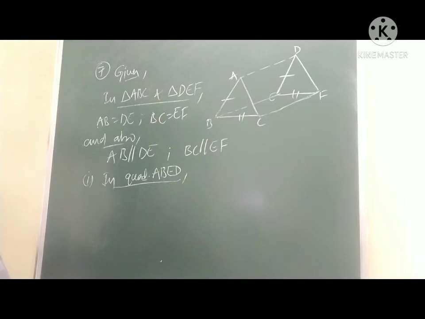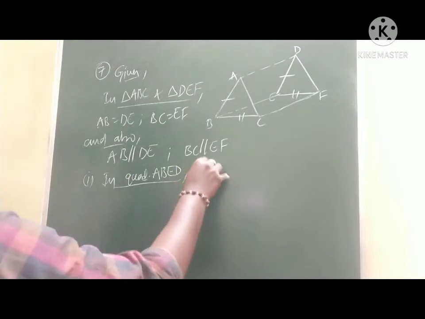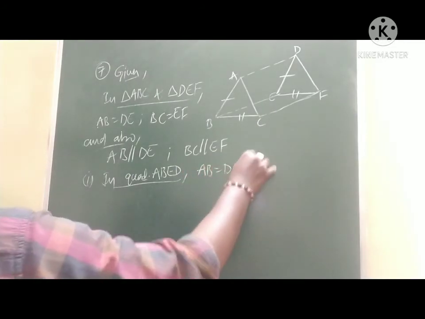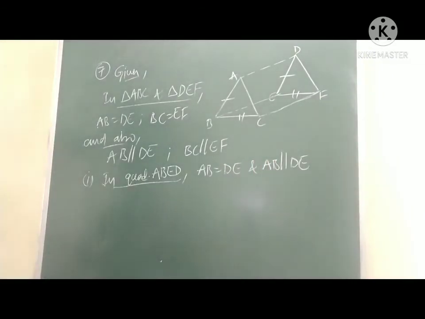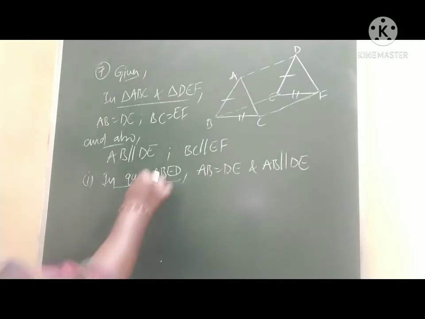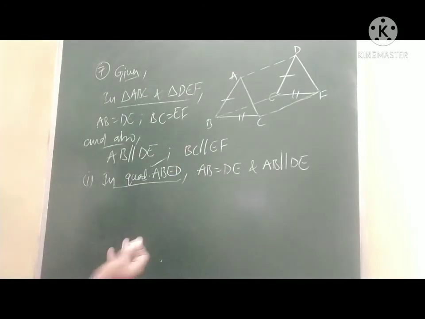What is that? AB is equal to DE, and at the same time AB parallel to DE. So in a quadrilateral, opposite sides are equal and parallel, then ABED will be a parallelogram. That's it.